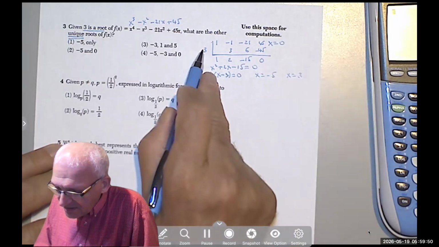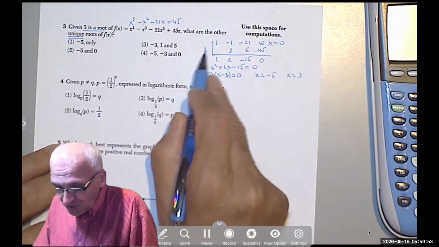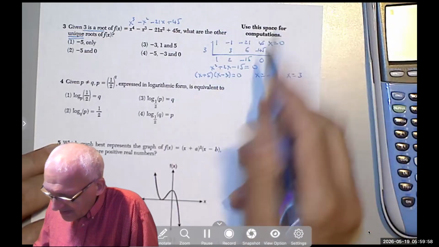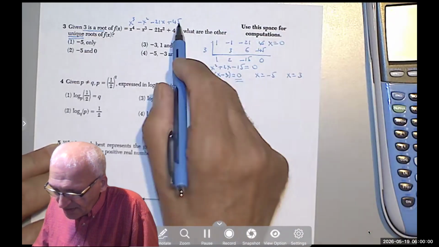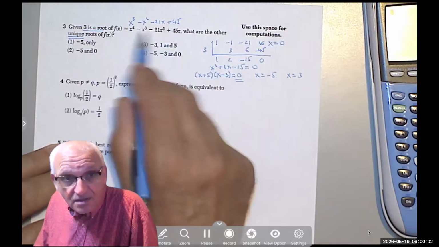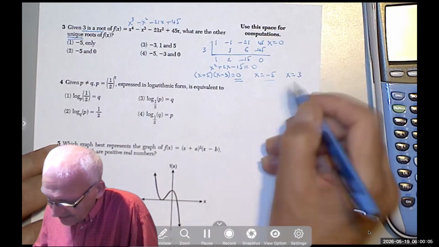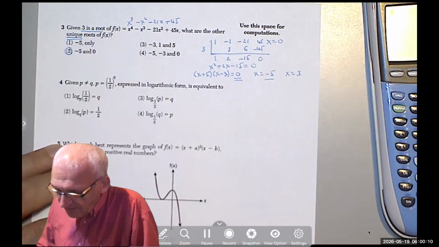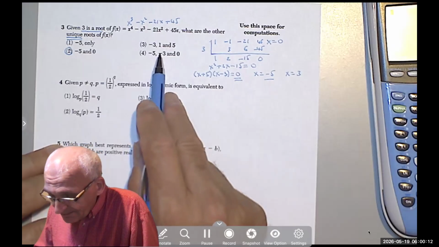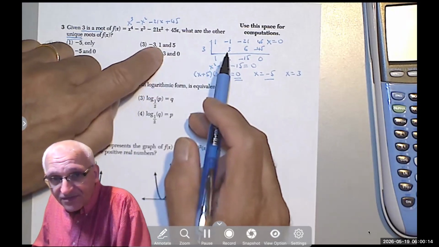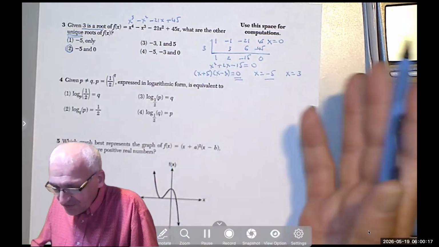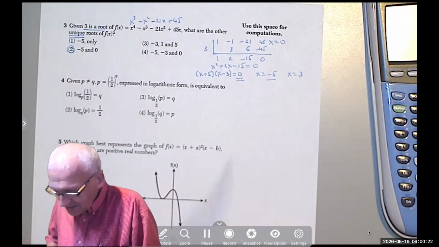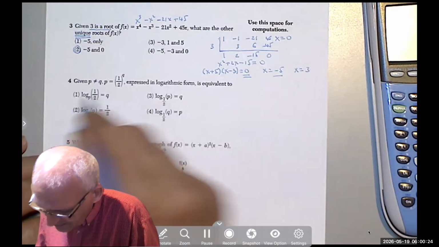X equals 3 was another root, so it's not unique, right? Because 3 and 3, that's the same. So I can exclude it and get 0, which we already found because all the terms were multiplied by x, and -5. So that would be 2. In fact, this is even -3. If they had made this +3, maybe we could have fallen into the trap of the word unique roots. Unique meaning it's not like this one, for example.